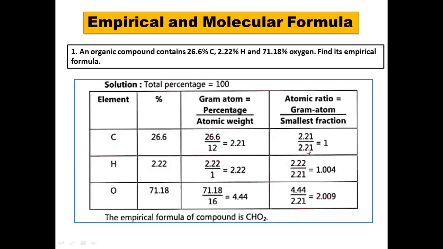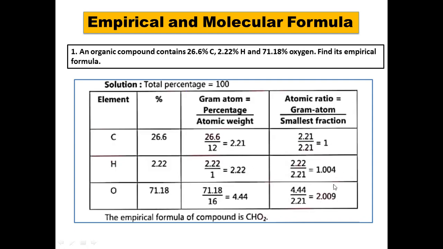For carbon, that is 2.21 upon 2.21, so the answer is 1. For hydrogen, 2.22 upon 2.21, the smallest fraction, the answer is 1.004. Now for oxygen, 4.44 divided by 2.21, the atomic ratio answer is 2.009.